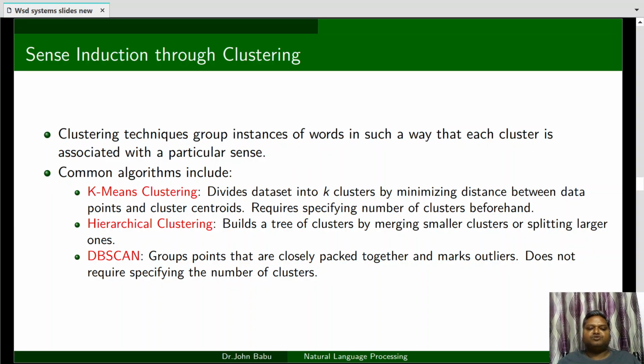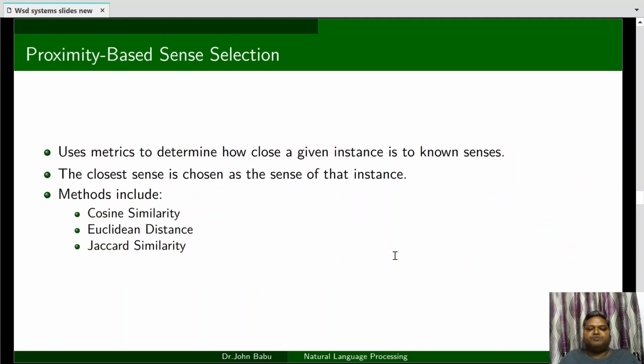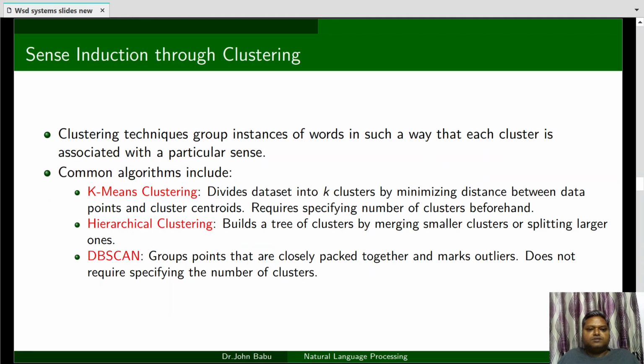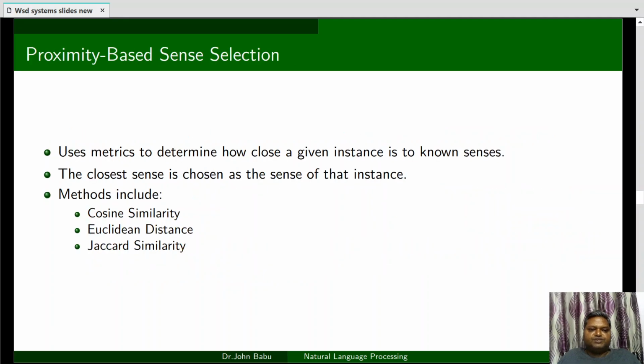Similarly, there is a third group, DBSCAN, density based spatial clustering, which is based on how closely dense the points are. The more density, the more likely it is to join that point. We'll see it in detail in the coming slides. So this is one method, sense induction.